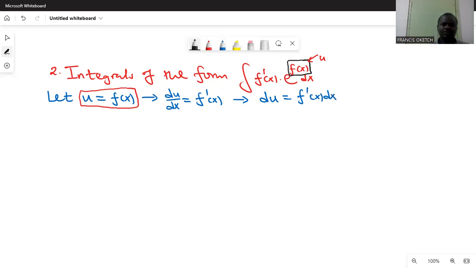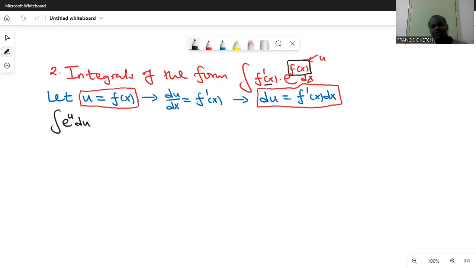So when I substitute these two into our given integral, let me circle this other one. If I substitute u and also du, our integral now becomes, remember, f prime of x times dx, that is what we are calling du. So we'll now be talking of exponential u du.